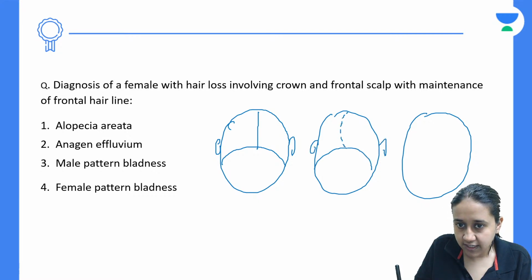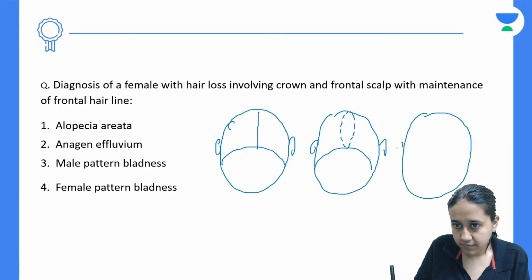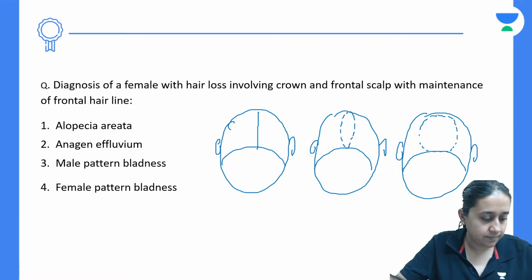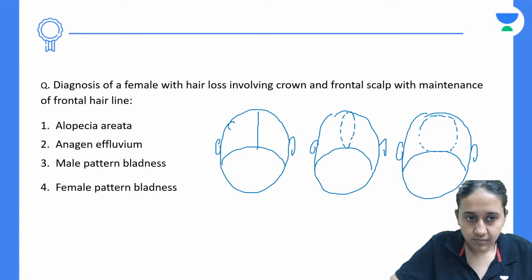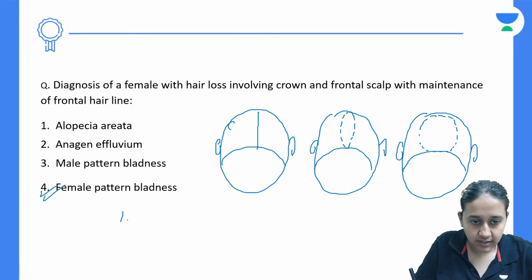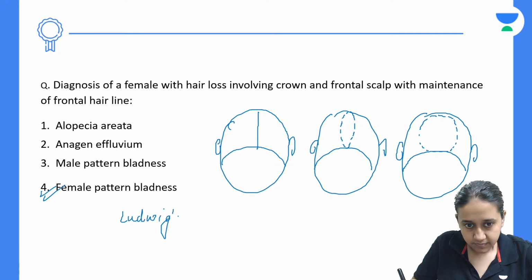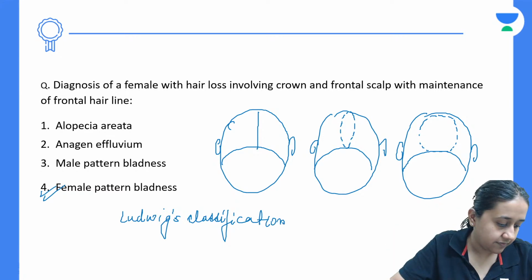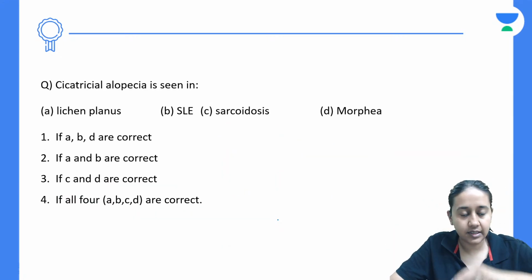It is the part which gets widened up. So the answer is female pattern, which is known as Ludwig's classification system. Next.